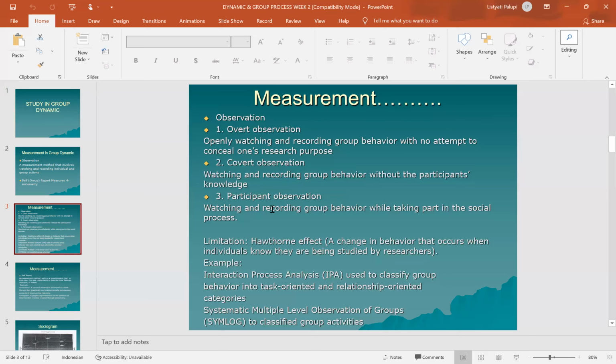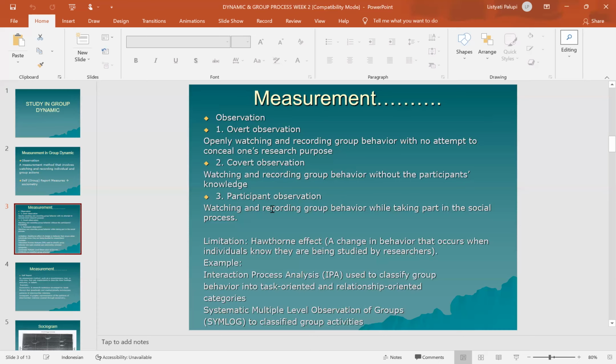For example, when the observer is observing how a group member behaves in response to a certain rule, because they are aware that they are being observed, they tend to obey the instructions given by the observer, not because they are willing to obey, but because they are aware that they are being observed.